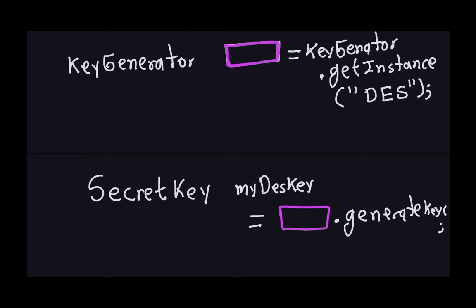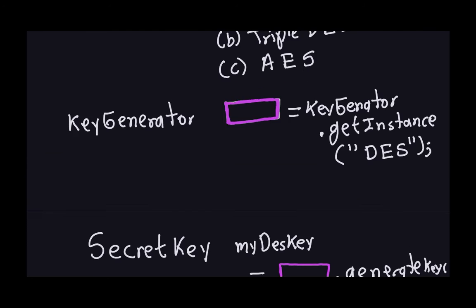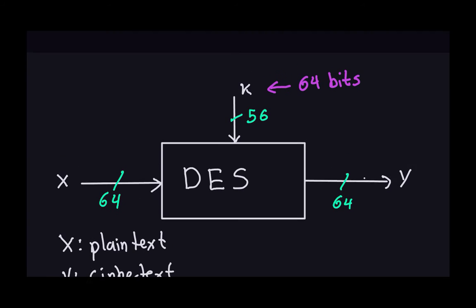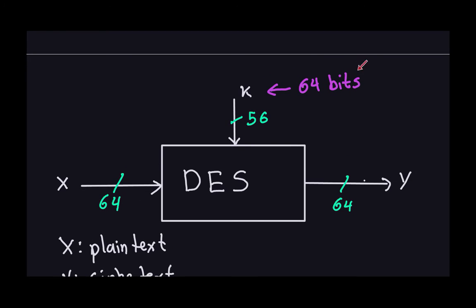Okay, I'll show you this is exactly how it works in Java. So in this way, when these two lines of code run, myDESKey is going to hold the key for my DES. This key that is right here will actually be these 64 bits that you see in here.